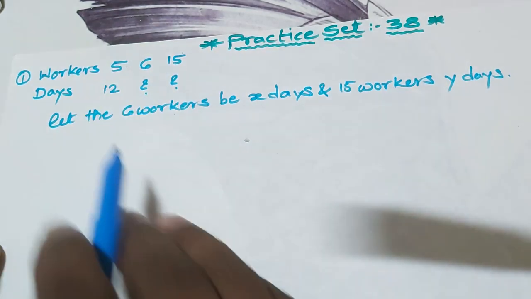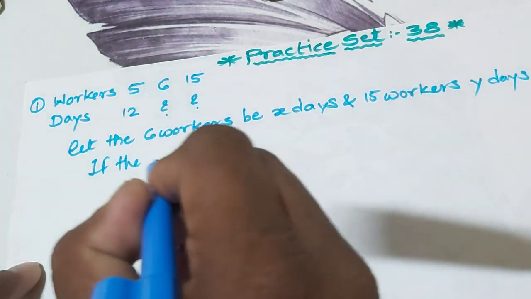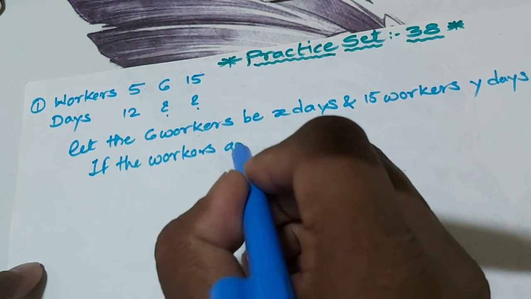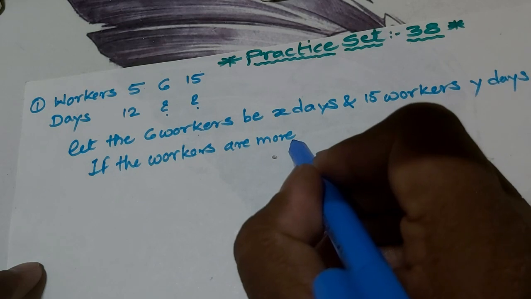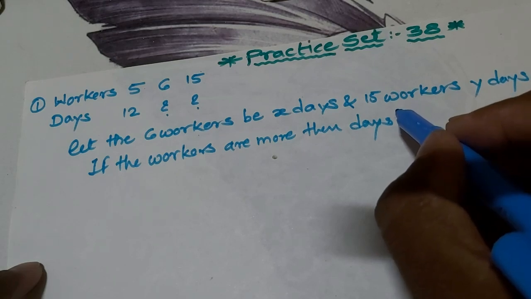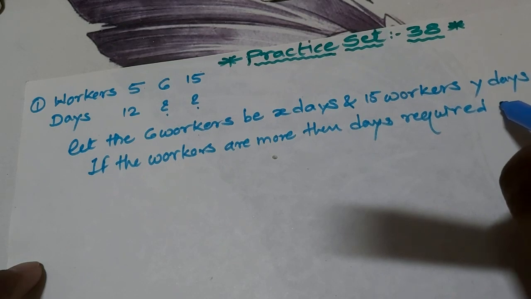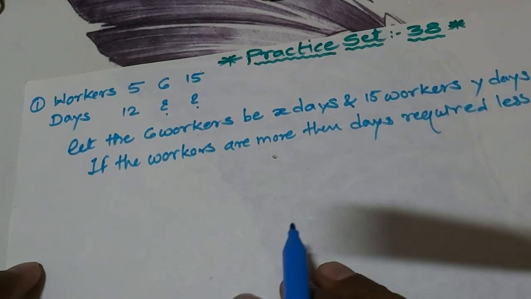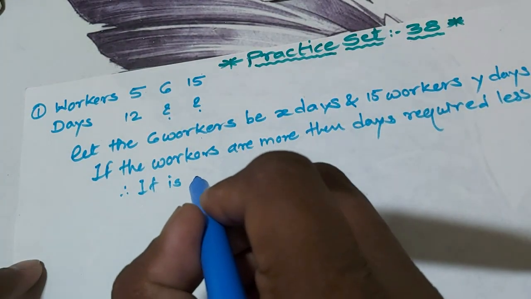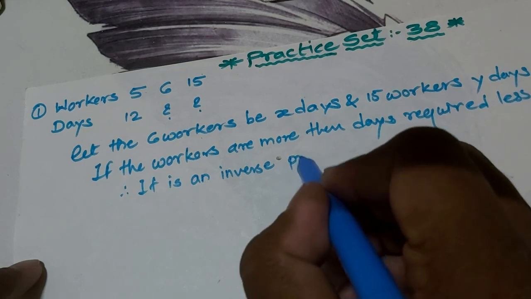Now we have to write: if the workers are more, then days required are less, therefore it is an inverse proportion.